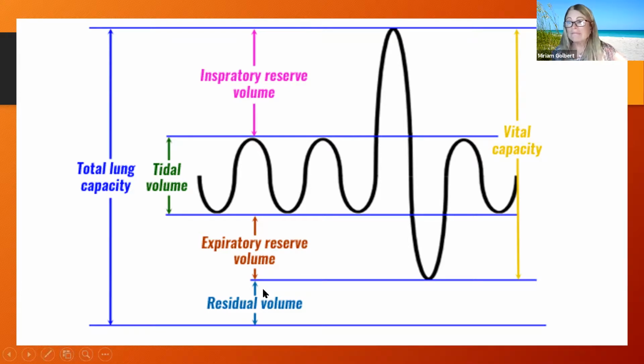So if you add vital capacity to the residual volume, then that gives you your total lung capacity. Yeah, so looking at this graph, I think it's a little easier to understand the different lung volumes that respiratory therapists will measure and send to your specialist to see how good your lungs are.